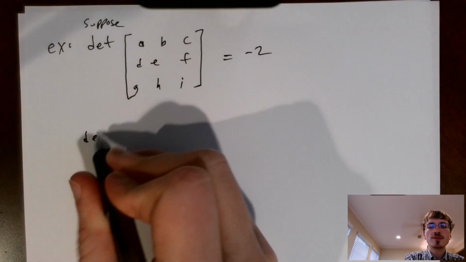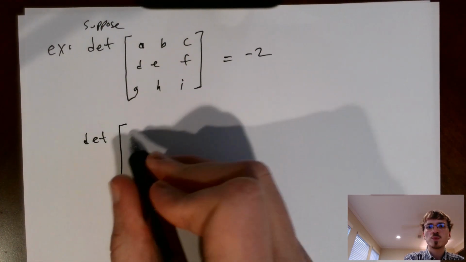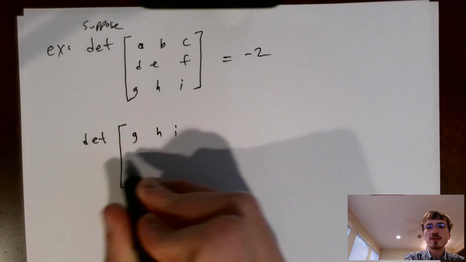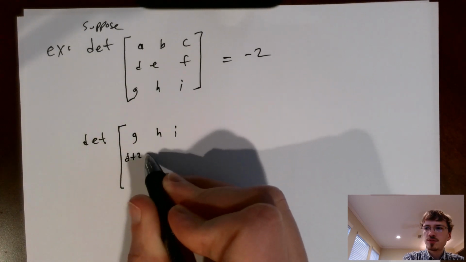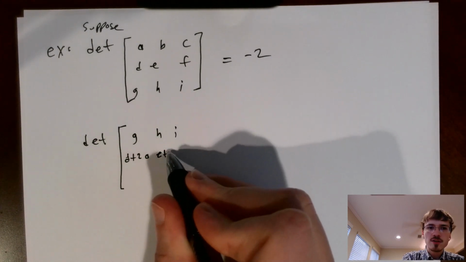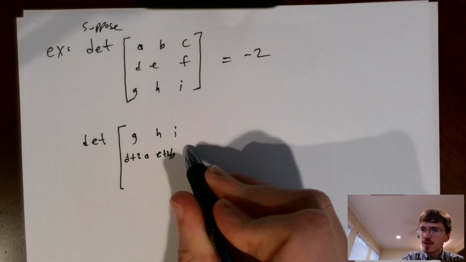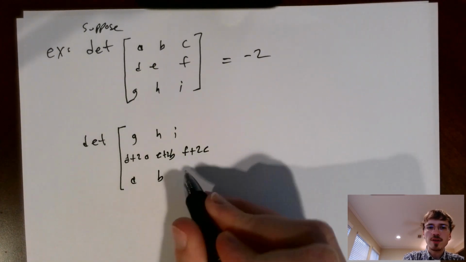Compute the determinant of your next favorite matrix, with rows G, H, I, then D plus 2A, E plus 2B, F plus 2C, then A, B, C.